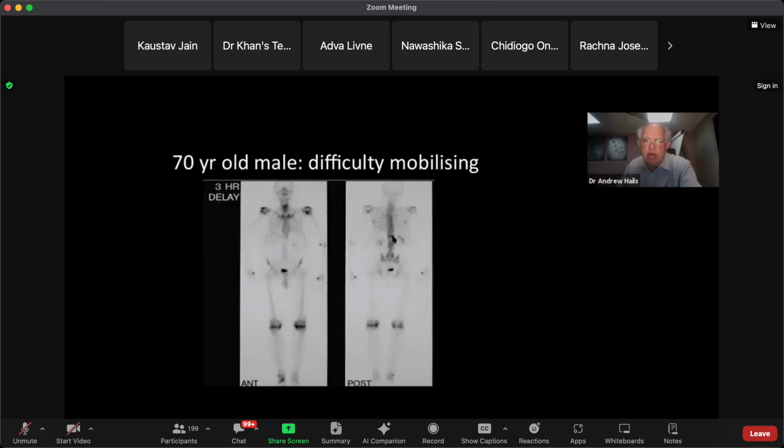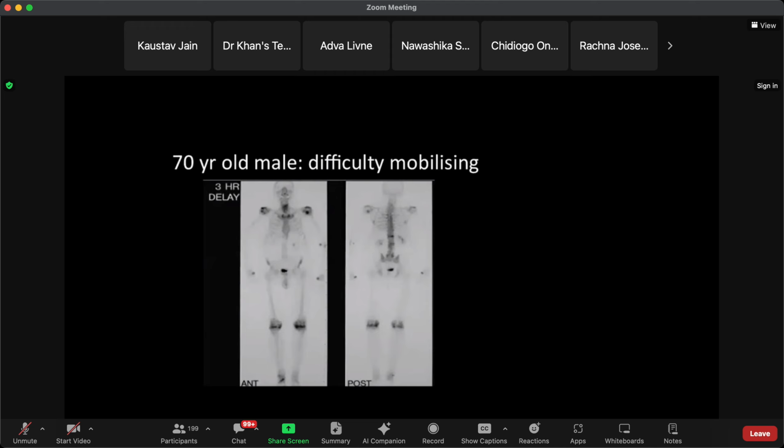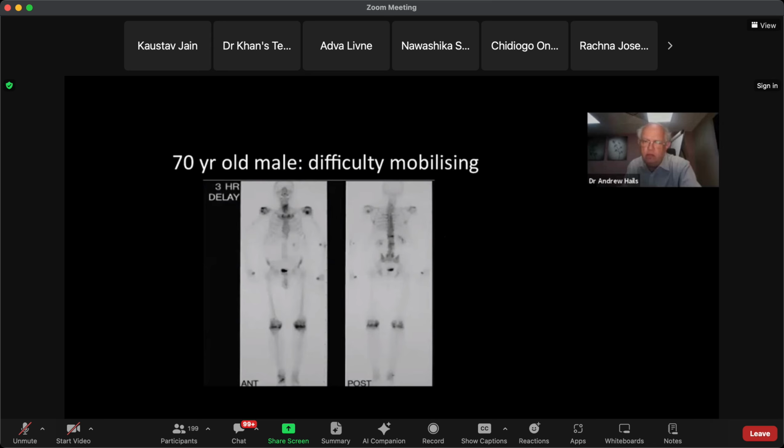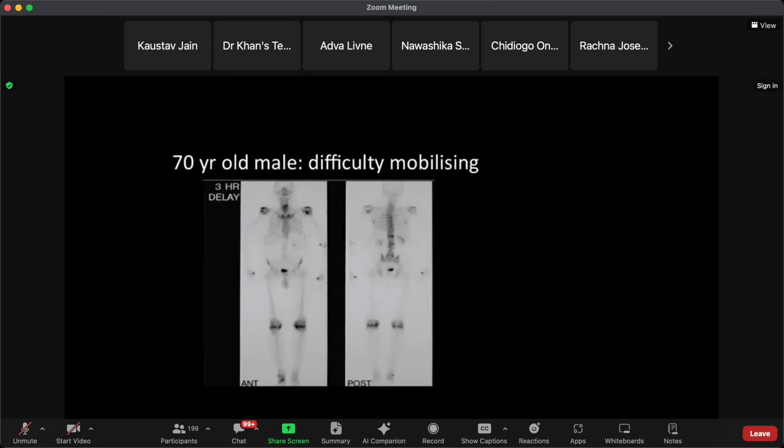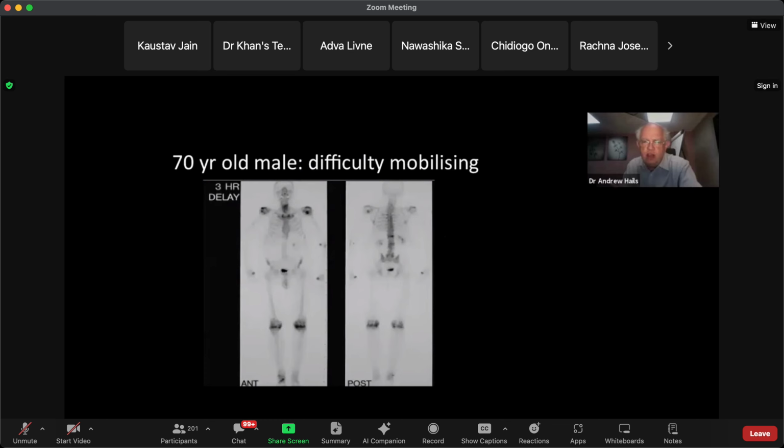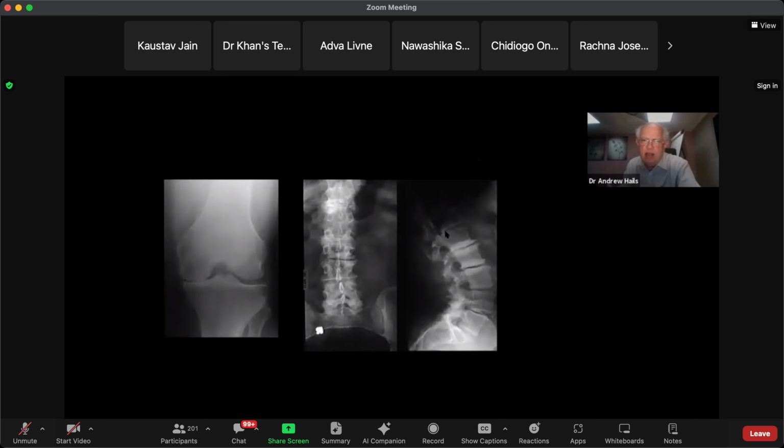So what about this bit here? And then there is a linear uptake in the lumbar vertebral body. So it's linear, but it's not like a focal uptake at the site of the pedicle. So that's right. So this basically, as you're saying, is the appearance of degenerative change.